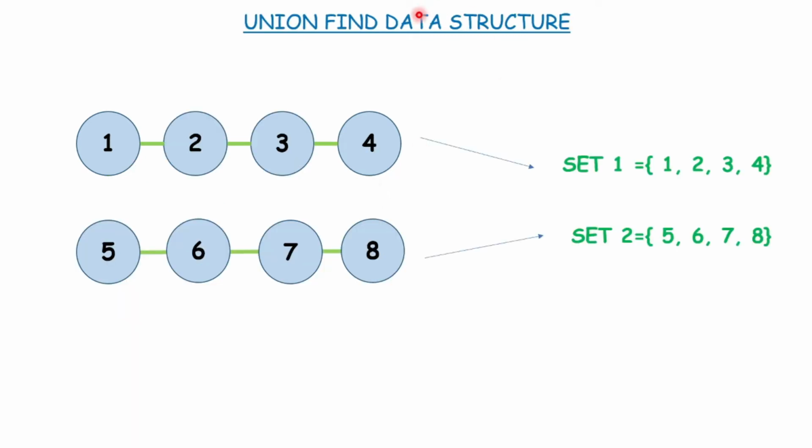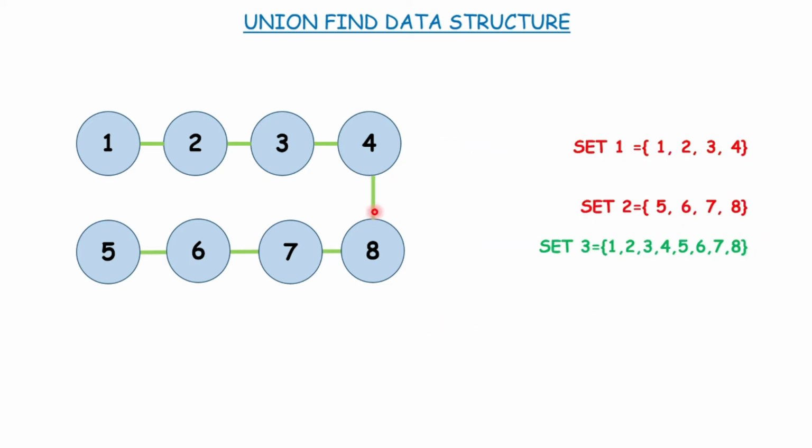Union find, or a disjoint set, is a data structure used to represent a group of nodes which are connected to each other. For example, if you are given two graphs connected in a way like 1 2 3 4 and 5 6 7 8, they create their own two separate sets like 1 2 3 4 and 5 6 7 8. However, if we connect one edge of the first graph and one edge of the second graph, this whole graph gets connected.